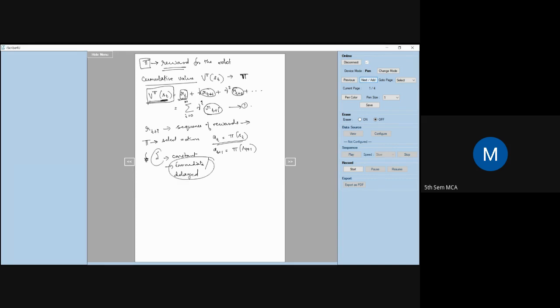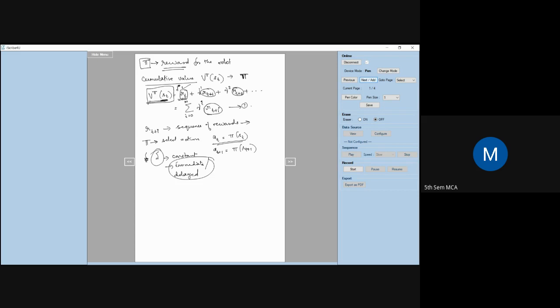That is what your gamma is going to determine. Suppose you see here, gamma to the power of 0. That means it is an immediate reward, because you are getting it for the first state. It is an immediate reward.